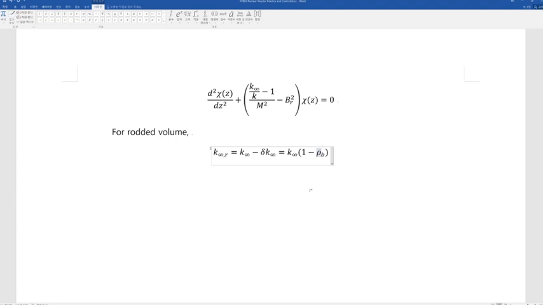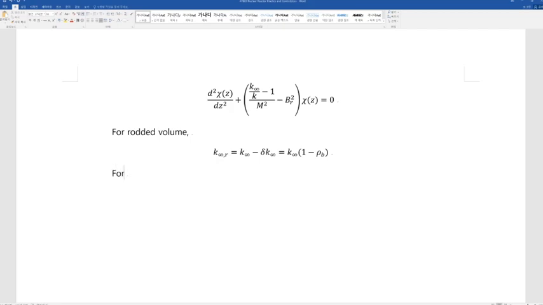So then we now need to divide the volume into two volumes. So we now have unloaded volume and loaded volume, U for unloaded and R for loaded volume, respectively.